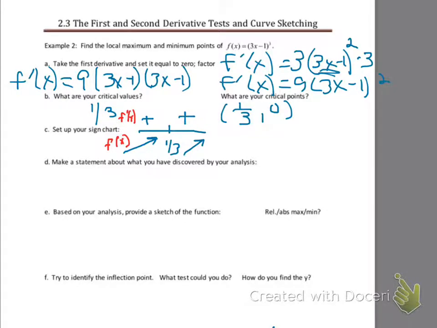So what do I know? Well, first I'm going to do my graph, and then I'll talk about what I know. So when I'm at 1/3, it's the point 1/3 comma 0. When x is 0, I have -1, so that's my y-intercept.